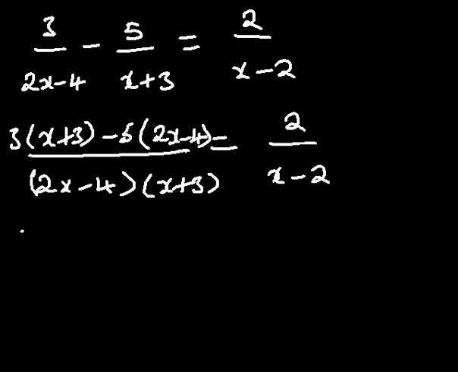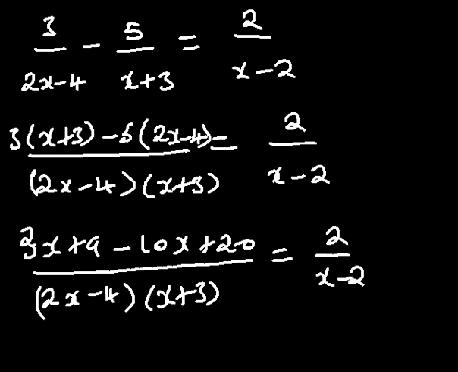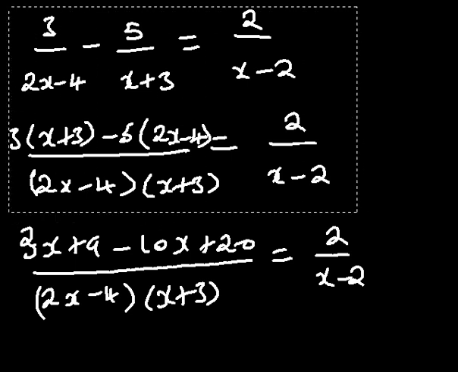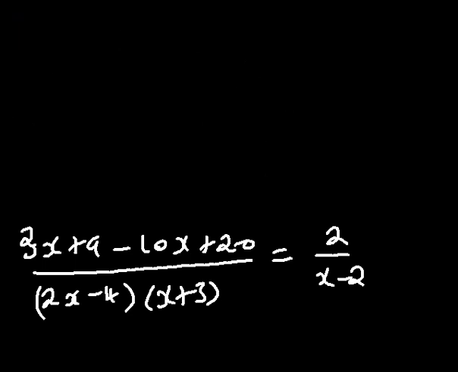That will be given as 3x plus 9 minus 10x plus 20, over 2x minus 4 times x plus 3, equal to 2 over x minus 2. And having the like terms together on top, what will be the next thing to do? In this case we'll have 3x and negative 10x, which gives negative 7x.